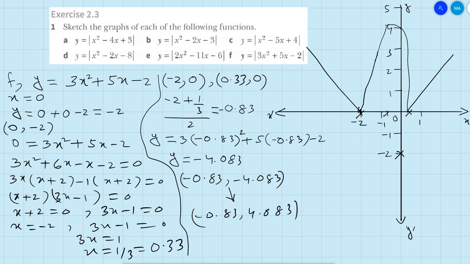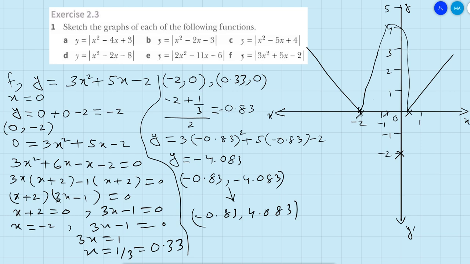No mistake. Minus 0.83, 100% correct. Now I am checking the value of y. All values are 100% correct.